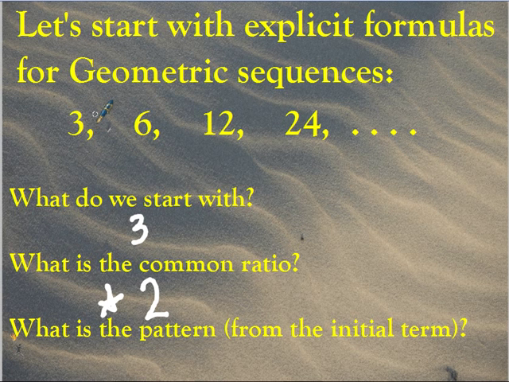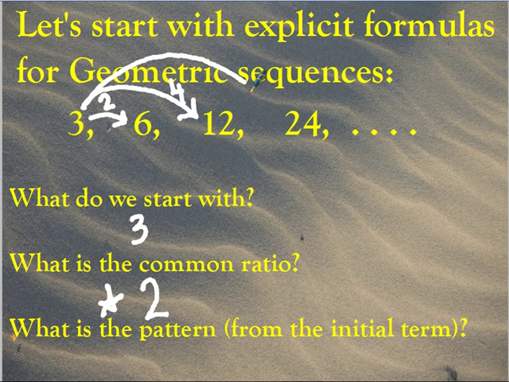We're starting with a 3. What do we multiply 3 by to get to the second term, 6? We're multiplying by 2. What do we multiply 3 by to get to the third term, 12? 3 times what is 12? We're multiplying by 4.